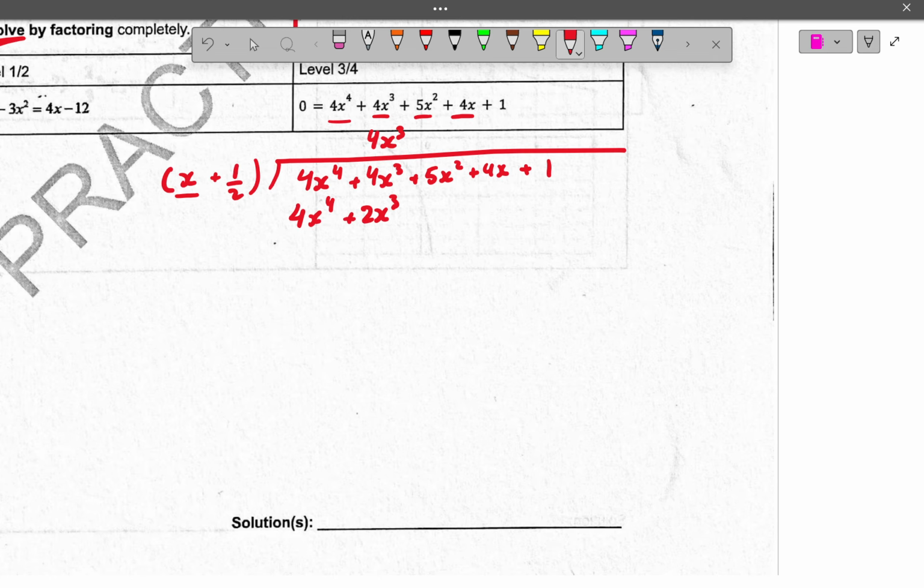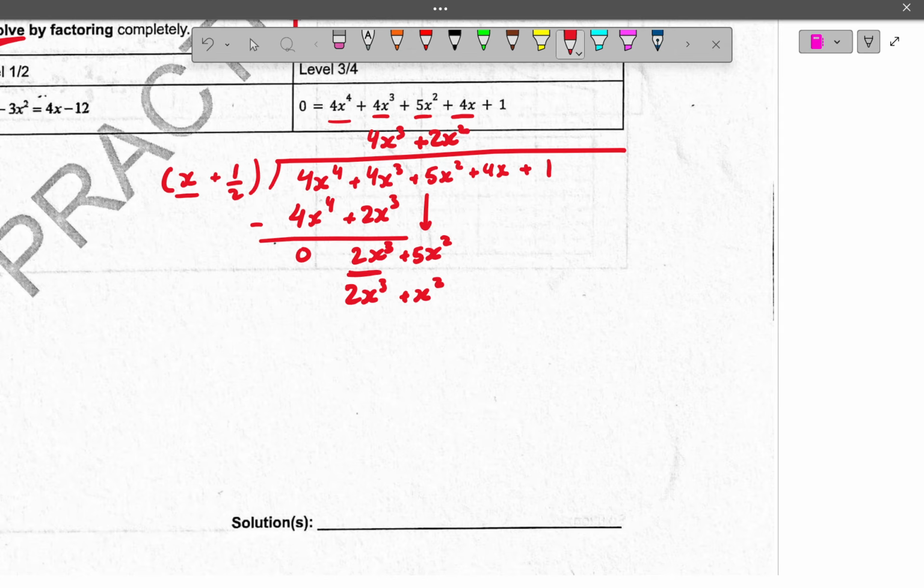Subtract them, that's going to be 0 here. 4 minus 2 gives me 2x cubed plus 5x squared. For the next term, I need to get rid of the 2, so I do plus 2x squared. 2x squared times x gives me the 2x cubed that I wanted, and 2x squared times a half will just be x squared.